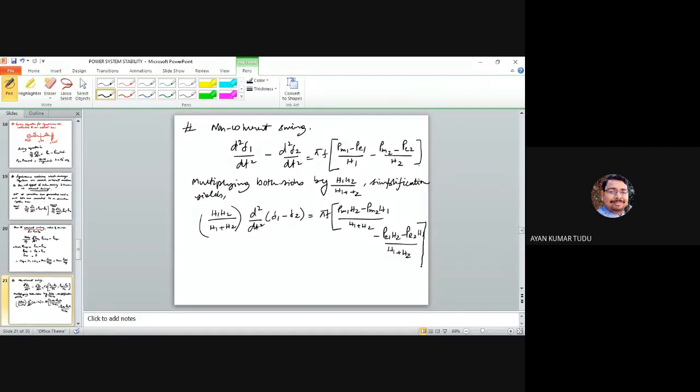Again, we can write this expression as H equivalent by pi f into d2 delta equivalent by dt square equal to Pm equivalent minus Pe equivalent, where H equivalent, delta equivalent, Pm equivalent and Pe equivalent are given by these expressions.